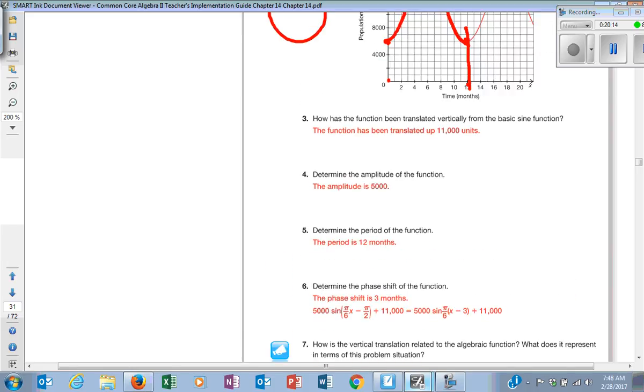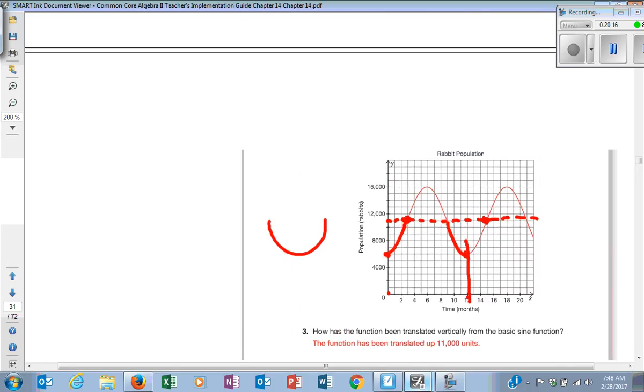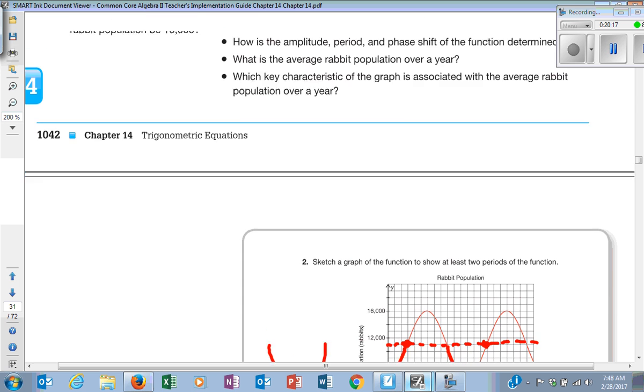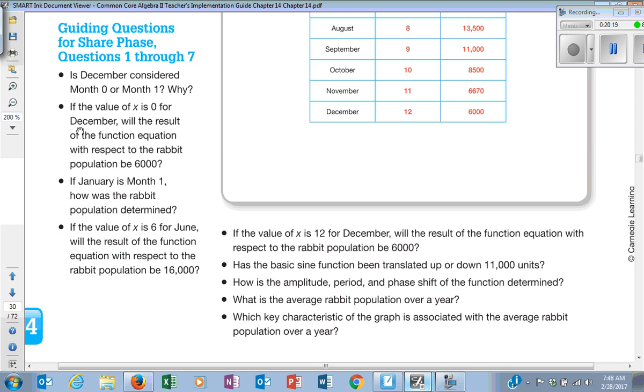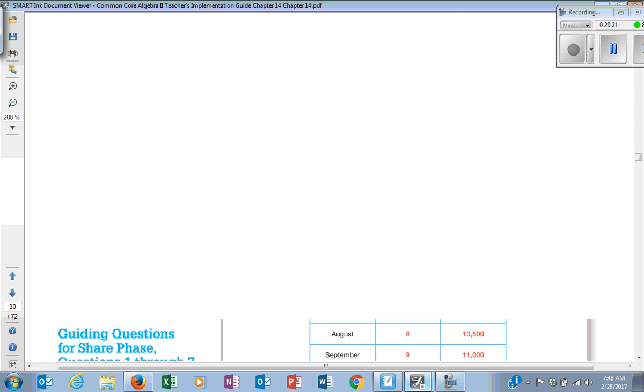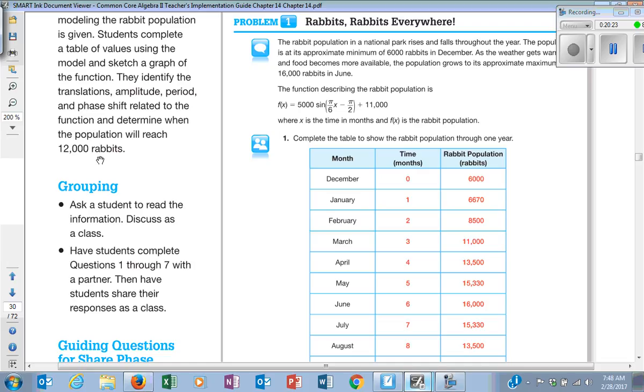Now, oh, I lied. I forgot. I do know how they did this. Here's how they did it. I forgot they gave us this equation. The other one doesn't give us the equation. They gave us this equation.